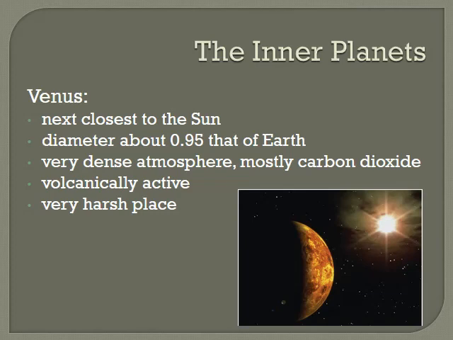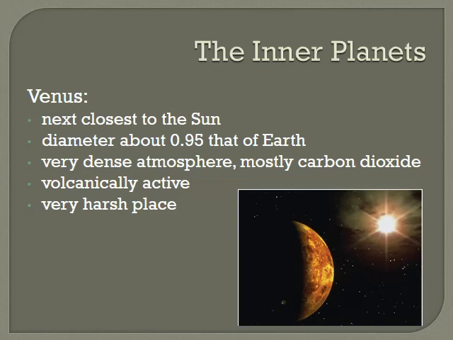Its clouds are not made of water droplets like the Earth's clouds are. They are made of some really weird stuff, mostly sulfuric acid, all kinds of nasty stuff. So that's why I say poison gas clouds. But it is indeed the next closest planet to the sun. It turns out that Mercury is the closest.